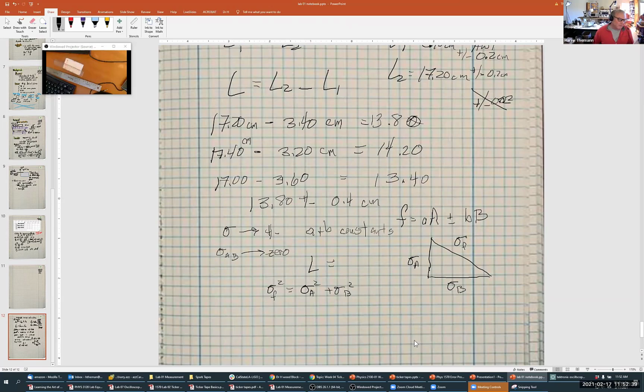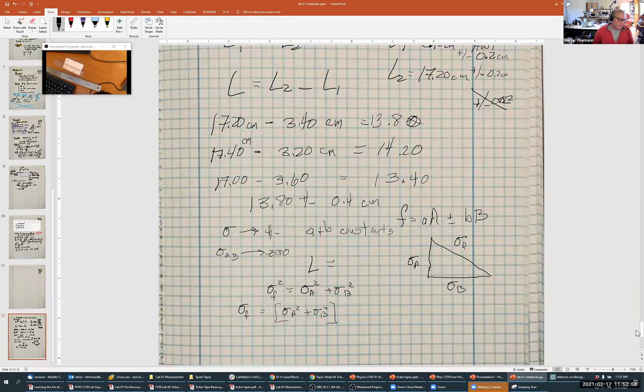And then the final answer is sigma F equals sigma A squared plus sigma B squared to the 1/2 power.